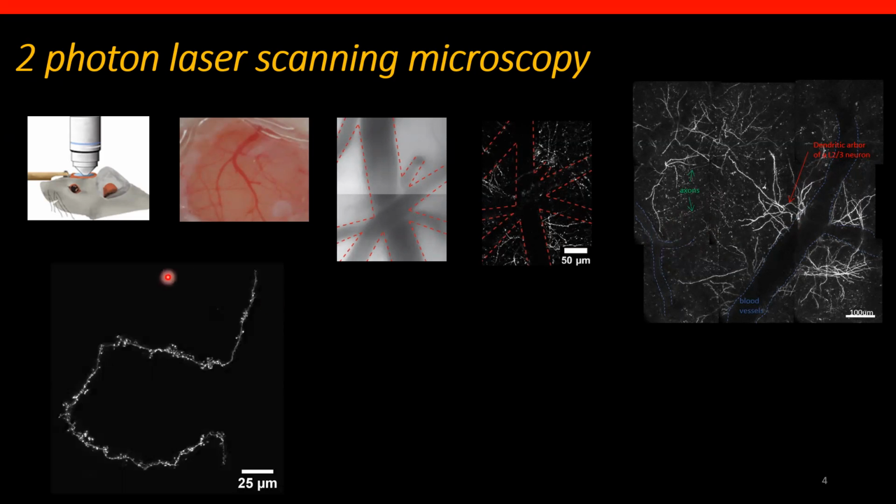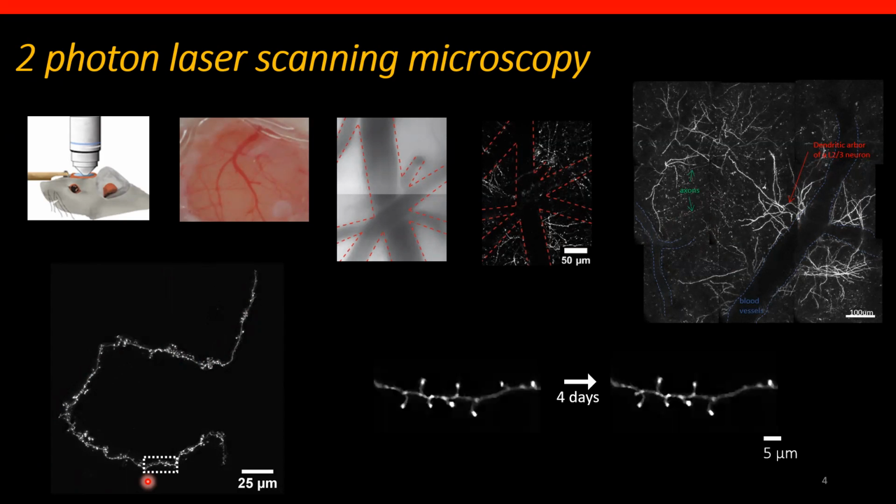When we then zoom in on the individual axons, we can see the individual processes very clearly. And looking a little bit closer, we can visualize the individual axonal boutons at really quite high resolution. Imaging these repeatedly allows us to see that some of these axonal boutons are persistent over time, while others disappear or new ones are formed.